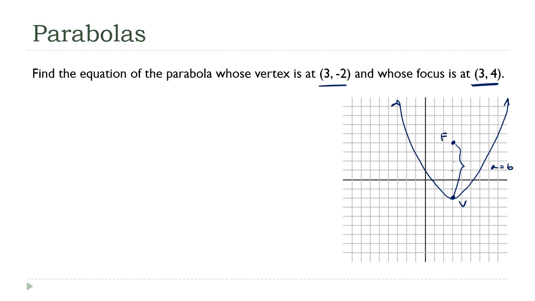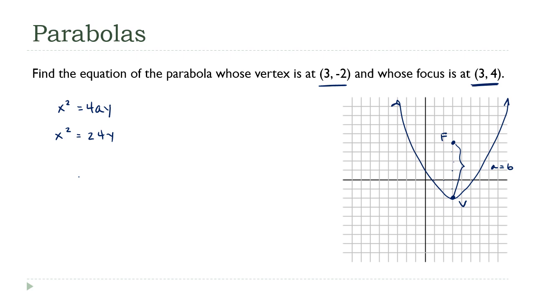Then all I'm going to do is translate it. So this is an upward opening parabola, so I know that my equation is x squared equals 4ay, and a was 6. So it's x squared equals 4 times 6, that's 24y.